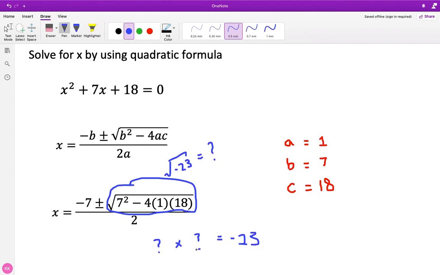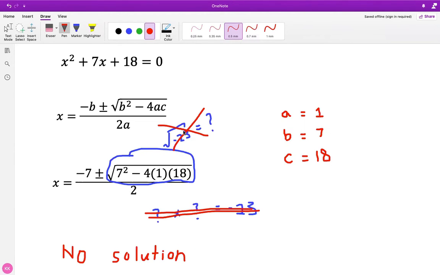This value does not exist because when we have two same numbers multiplied together, we don't get a negative value. So basically, root -23 does not exist, and we cannot evaluate this equation. So we have no solution for this question because I cannot evaluate root -23.